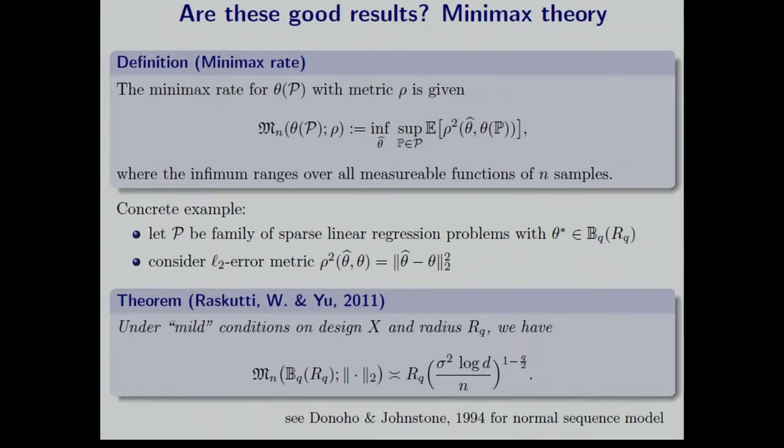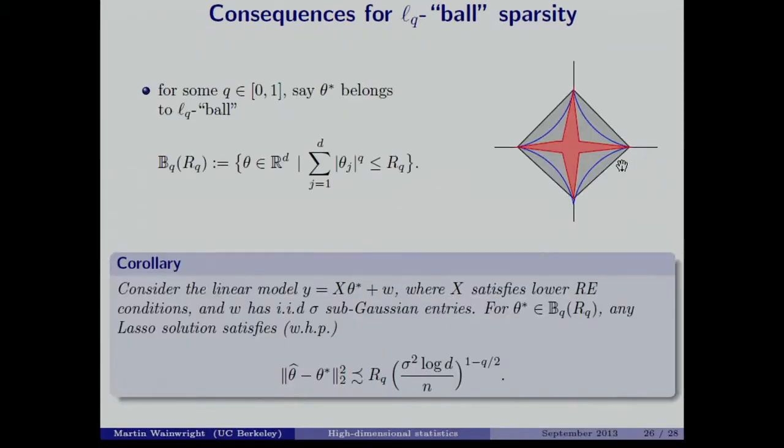Maybe the infimum is attained by a horrible estimator that involves exponential time search. That is possible. What our upper bound here shows is that in this case, no, a very simple polynomial time estimator achieves the minimax rate. But that's not always the case. It's quite possible that minimax rates are not polynomial time achievable. There's actually some interesting evidence in sparse PCA that that might be the case.